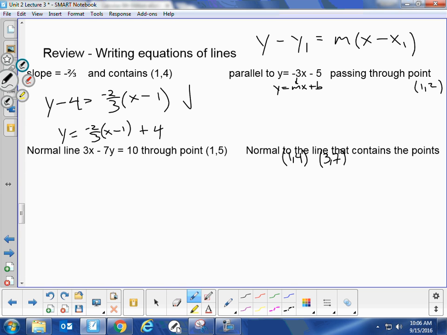That's going to be parallel to that first line, but it's going to pass through the point (1, 2). Simple. No extra work needed.